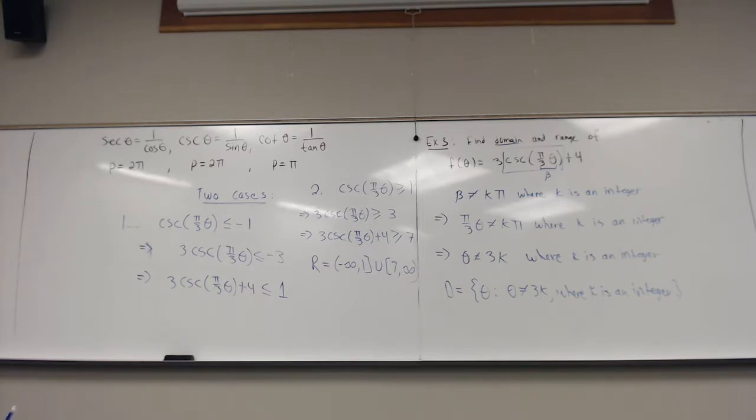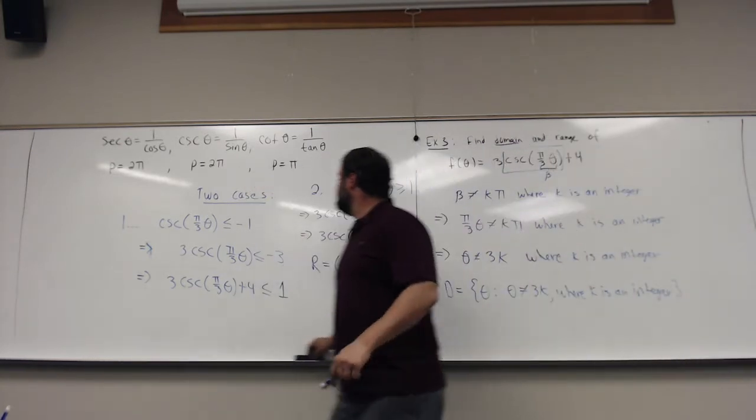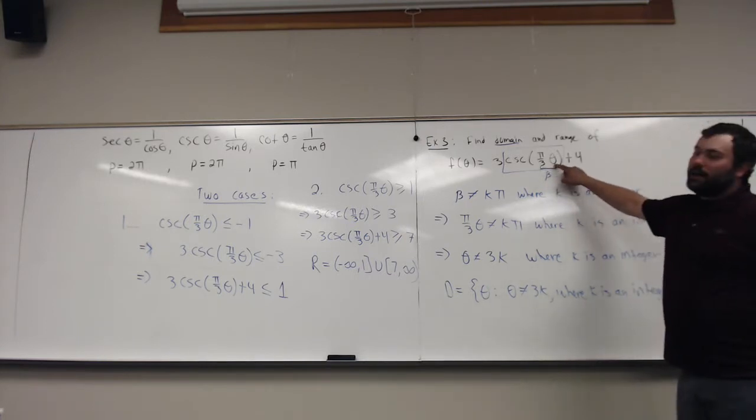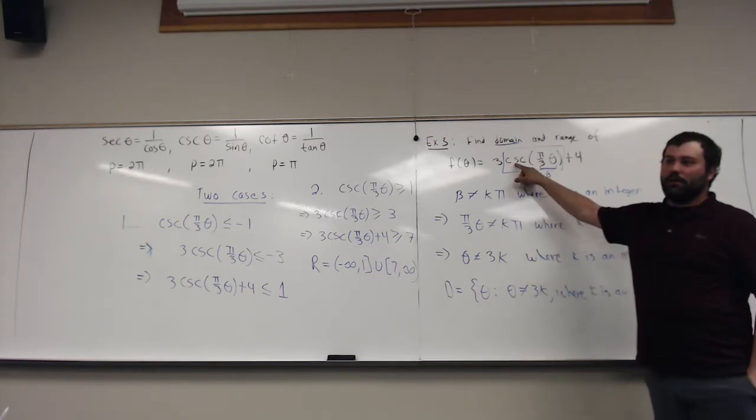How'd you do the first part of the domain again? Oh, so Claire's asking, how did I do the first part in the domain? You can do it either way. Since pi over 3 theta is my input, those inputs cannot be multiples of pi, because that's the domain of cosecant.